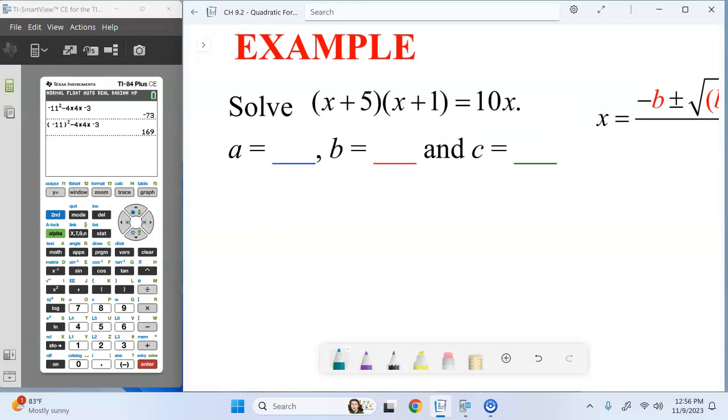All right, what's A? It's not in standard form, so let's distribute it out. We get x squared plus x plus 5x plus 5 equals 10x. So what's standard form going to be?